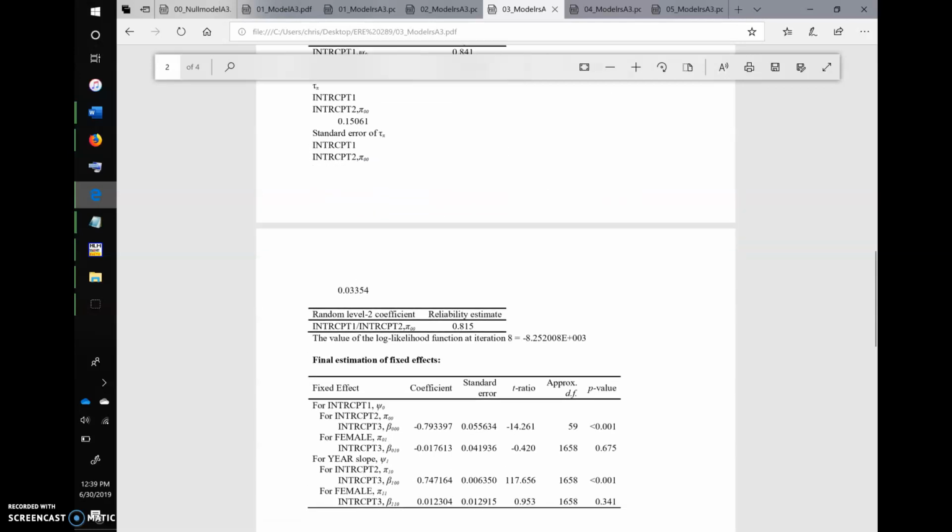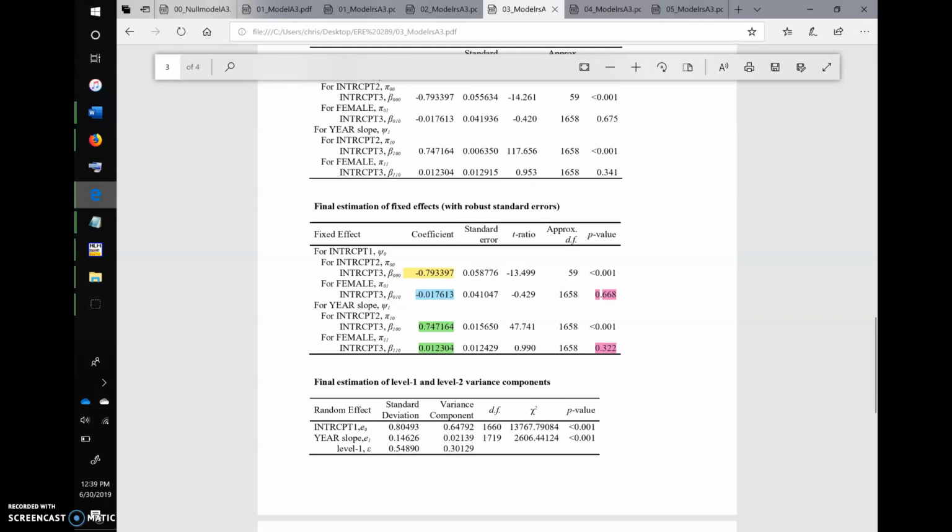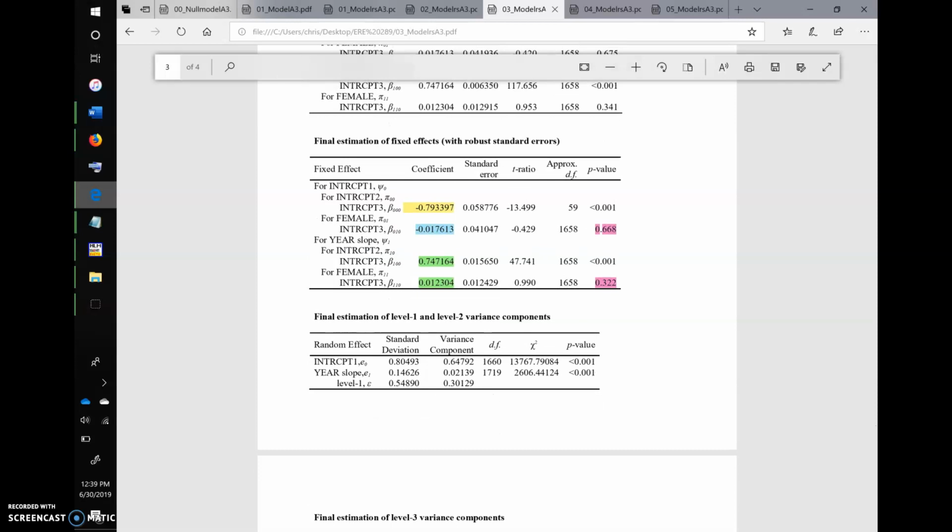So when we look at the data graph, we can see that when seeing if females is a predictor for math average scores, they scored less on math, but it's also at a non-significant 0.668 level.